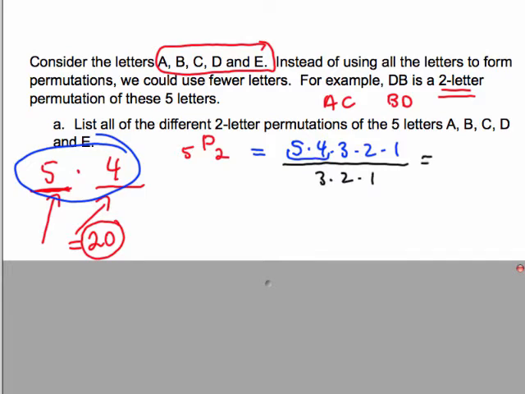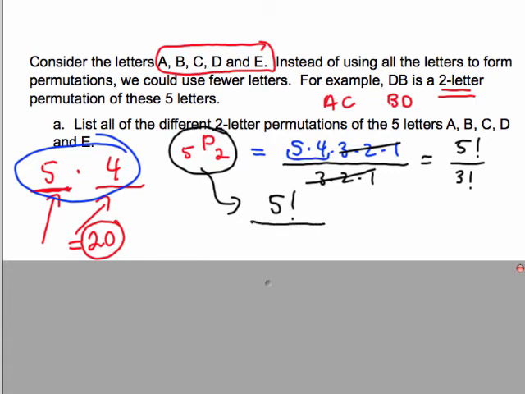In other words, 5 factorial divided by 3 factorial. This will cancel this and give us our answer of 5 times 4. Alright? Which suggests that when we're asked to do 5p2, the way we can do this with a formula is take 5 factorial and divide by the difference between the 5 and the 2 factorial. And that's 20.